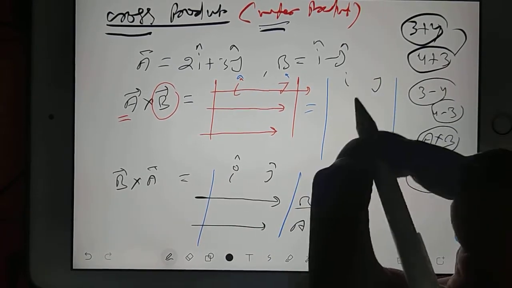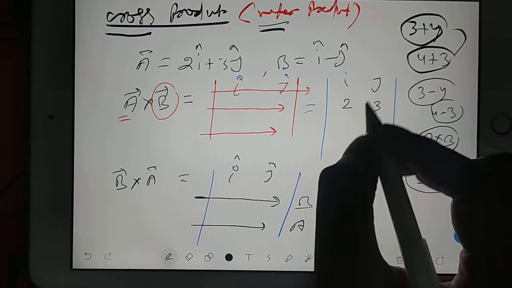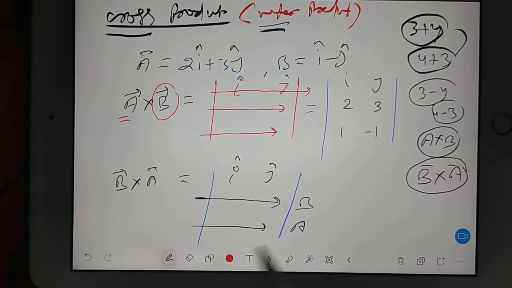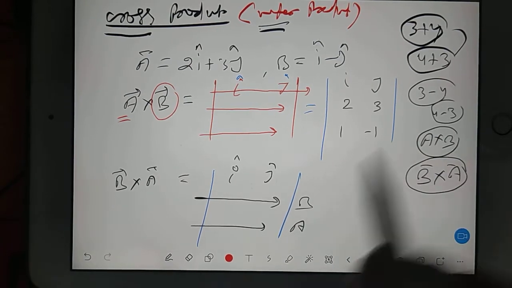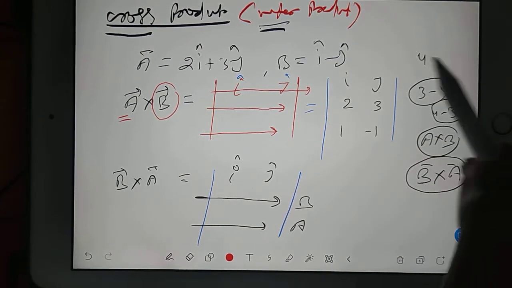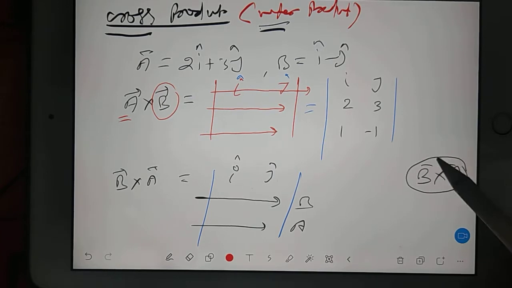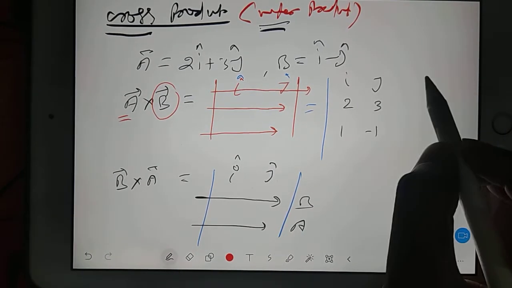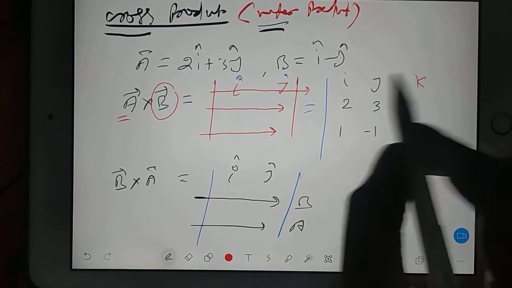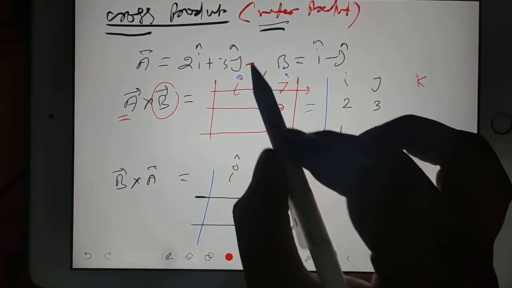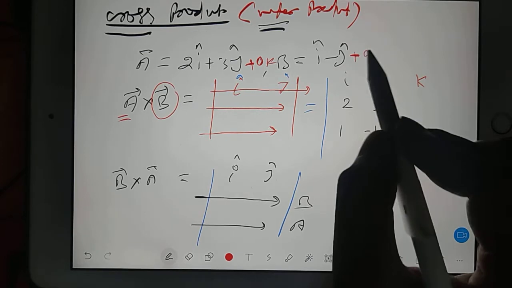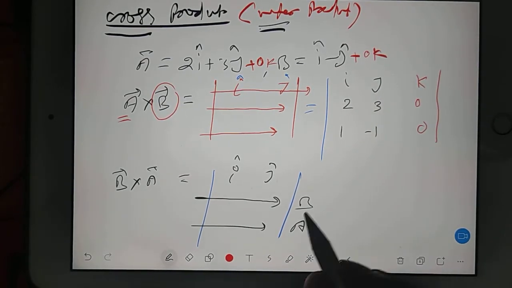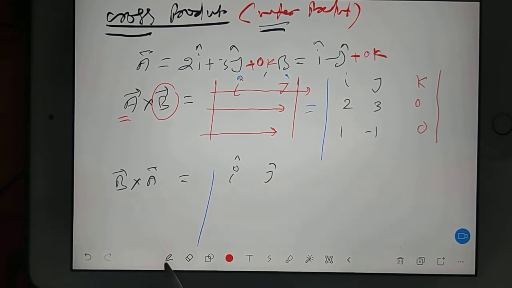So i, j, k, then 2 here and 3 here, and 1 here and -1 here. One mistake I am making: you have to consider k also. Put the k value here, and because k is not present in both, put 0k and plus 0k, so put 0, 0 here. In the same way here also you put 0, 0.